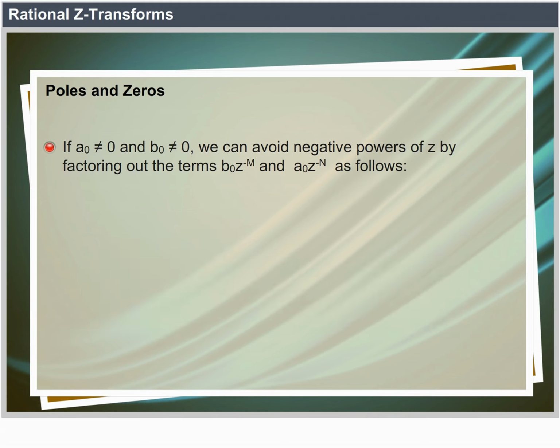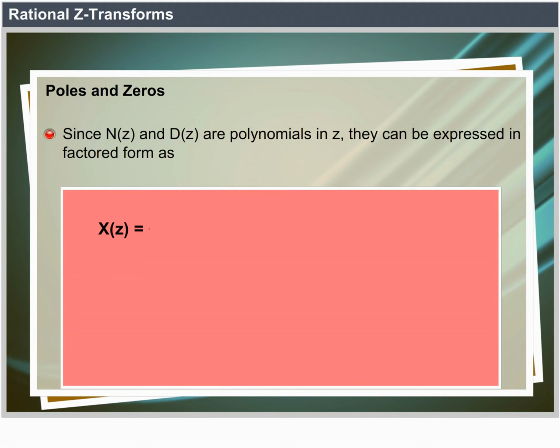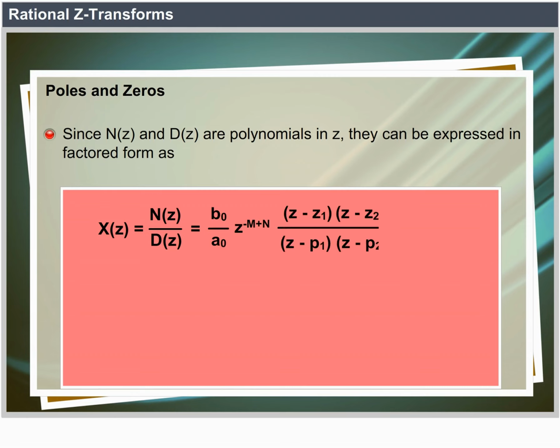Since n of z and d of z are polynomials in z, they can be expressed in factorized form as x of z equal to n of z divided by d of z equal to b naught by a naught into z power minus m plus n into z minus z1 into z minus z2 etc. z minus zm divided by z minus p1 into z minus p2 etc. z minus pn.